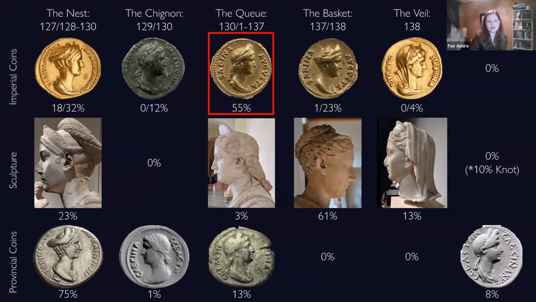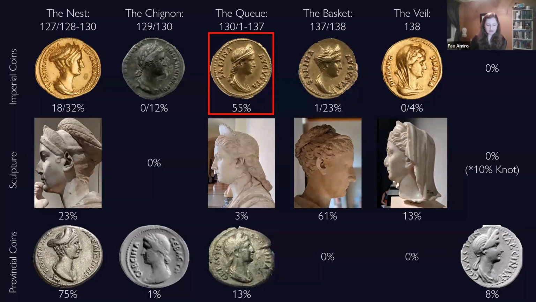Starting with the imperial coinage, the situation is, I think, the most comprehensible, the most straightforward, because in general these proportions do seem to be relative to the actual length of time in which the portrait type was current on the imperial coins. From the die studies, it does not seem that there's any significant overlap or return to old portrait types across the Sabina imperial coins.